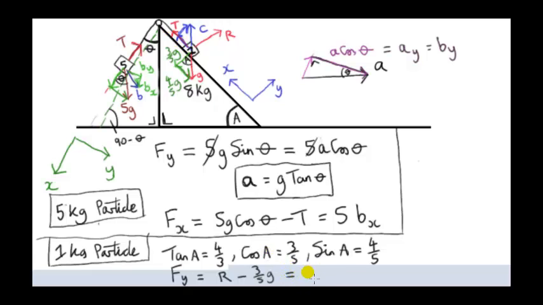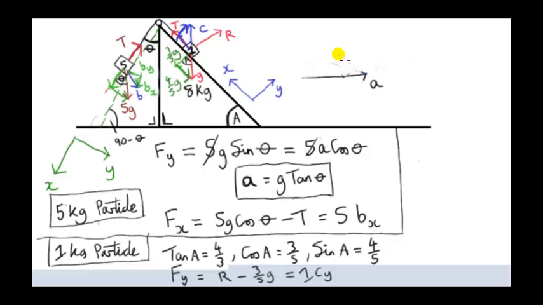By Newton's second law, that's the mass, which is 1, times the y component of the acceleration, which we would call c sub y. Okay, c is the acceleration, and here is its y component, c sub y. Now, just like we've seen before, we can relate c sub y to the y component of the acceleration of the wedge, that's a sub y.